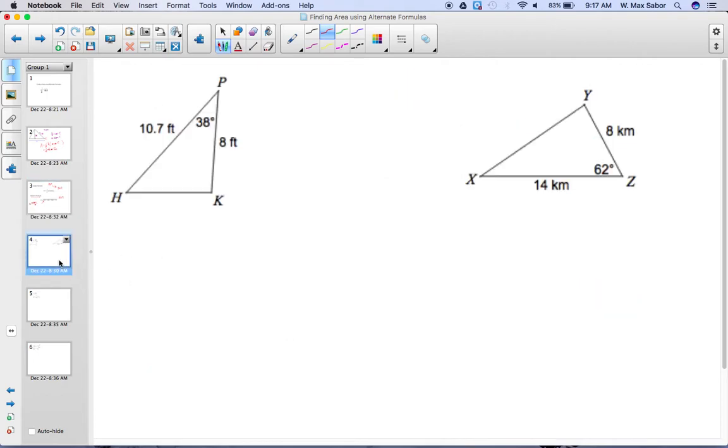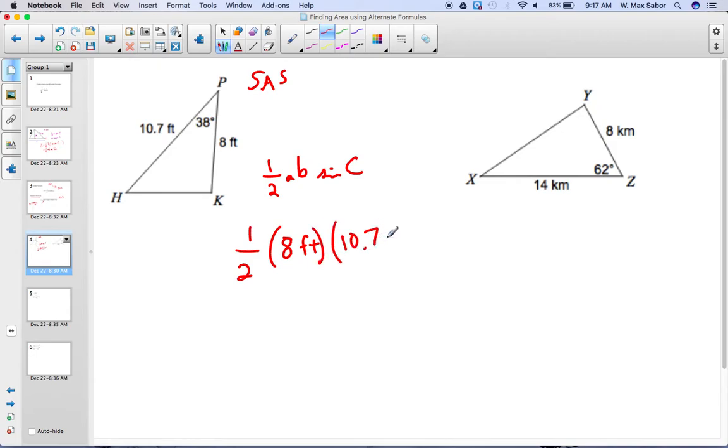So let's apply this. So this is a side angle side. So I'm going to use 1/2 AB sine C. A and B have to be sides that are adjacent and have C between them. So sine C, sine of 38 degrees.